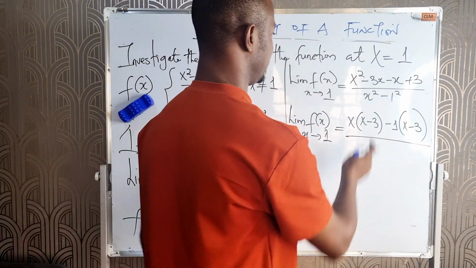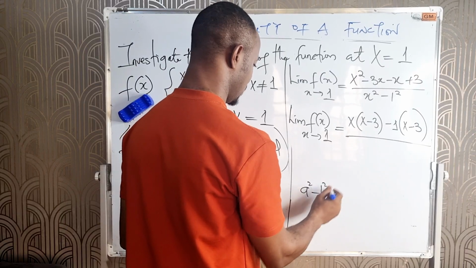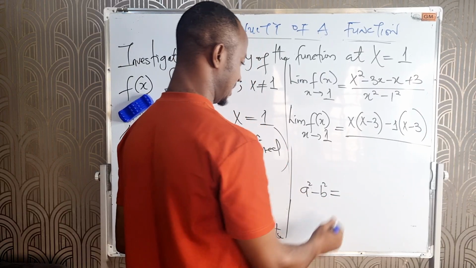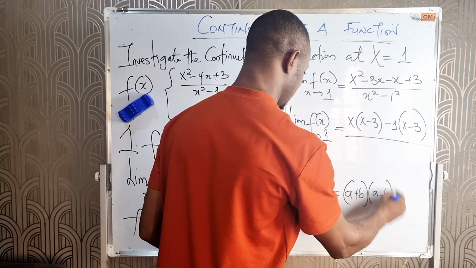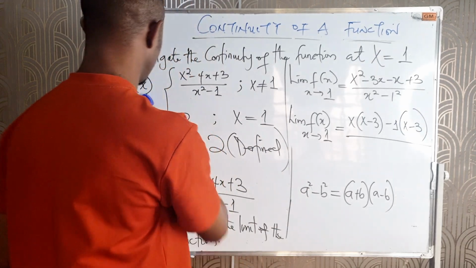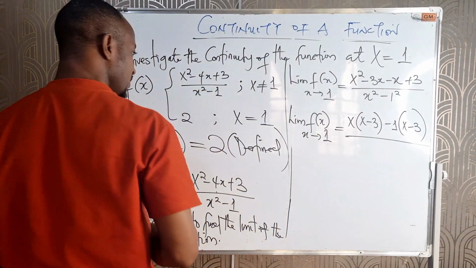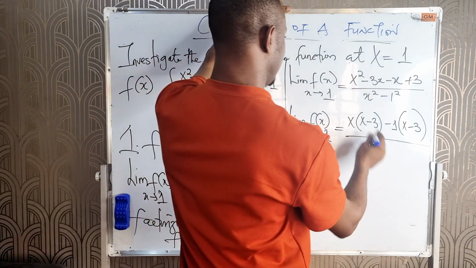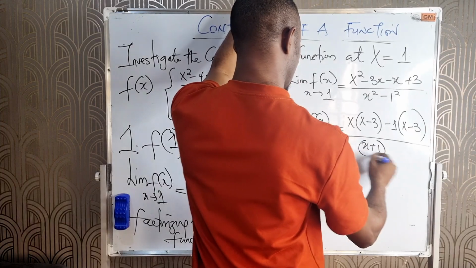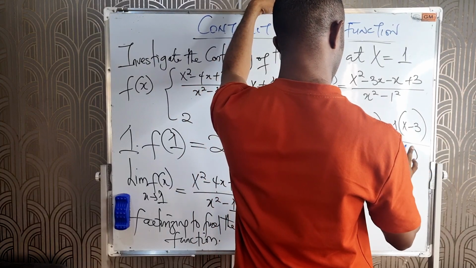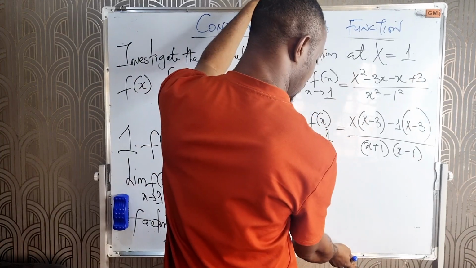By using the principle of difference of two squares, if I have a squared minus b squared, the result is a plus b times a minus b. We call it the difference of two squares. So this will give us x plus 1 times x minus 1.